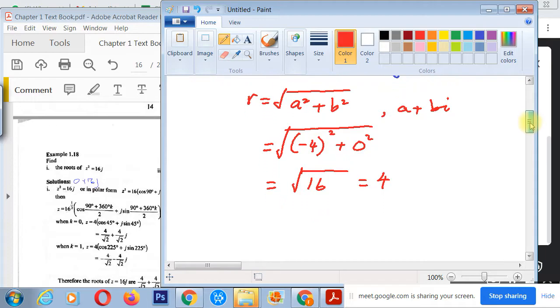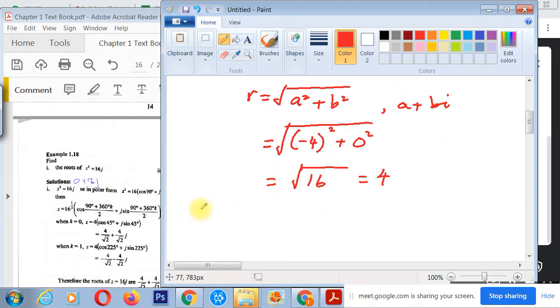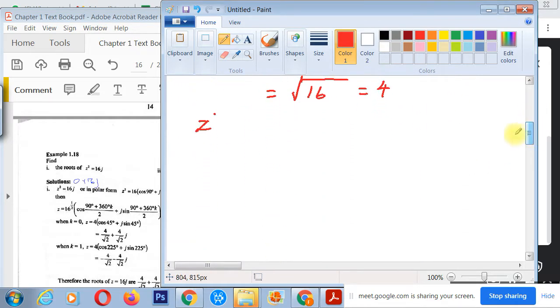So now we can transform z to the power of 2 equals to r. r is 4, and then cos theta, theta is 180 degree, plus j sin 180 degree.